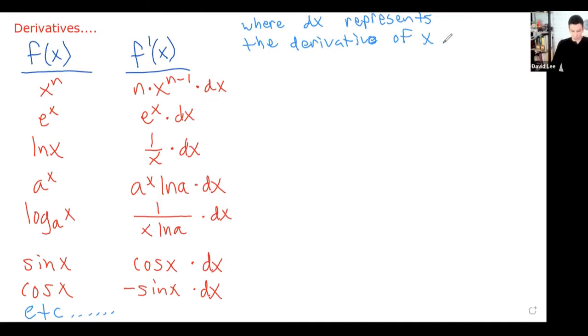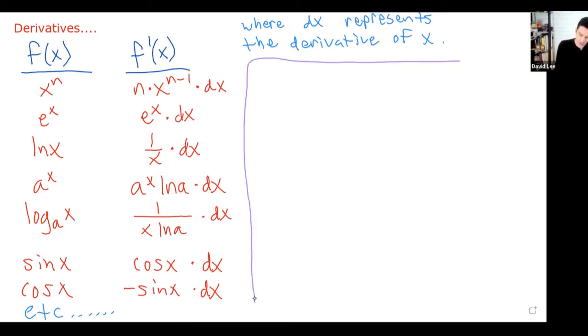Whatever is playing the role of x, that object x, whatever it is, then dx is the derivative of that object. Now, we will do a bunch of examples right now to make sense of this. And then once we've done a few examples of derivatives, then we can discuss antiderivatives and call it a day there. So let me just separate this into 2 parts.